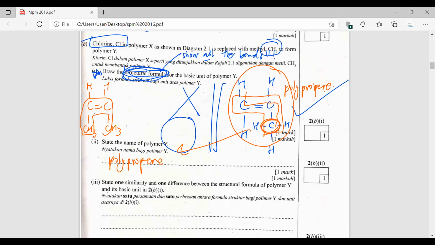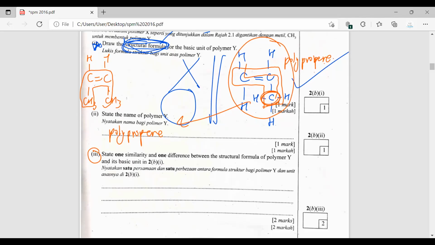What is one similarity between a propene and polypropylene, and one difference between a propene and a polypropylene? Can you get what teacher is saying or not? Teacher, I'm not sure about this question.